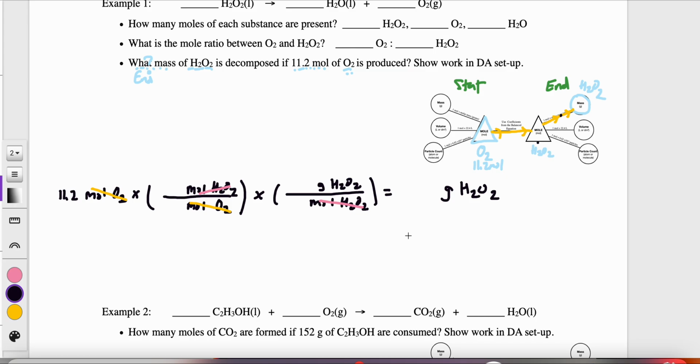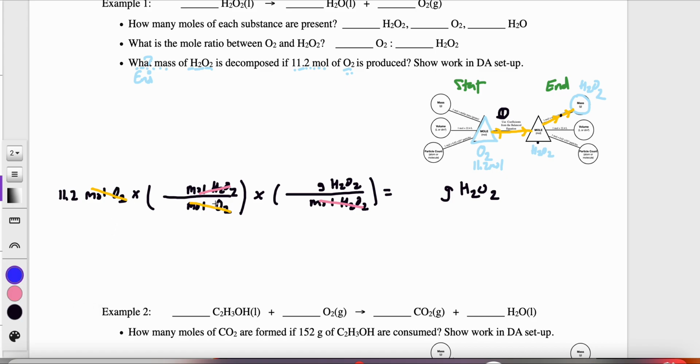So now here's the thing, I have to figure out, okay, what kind of information, equivalence information, goes in the first set of parentheses versus the second set of parentheses. So my first set of parentheses, number one, this is step one, where I'm going from moles of O2 to moles of H2O2.